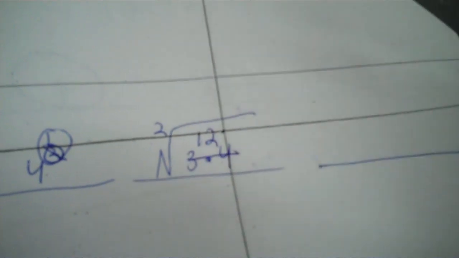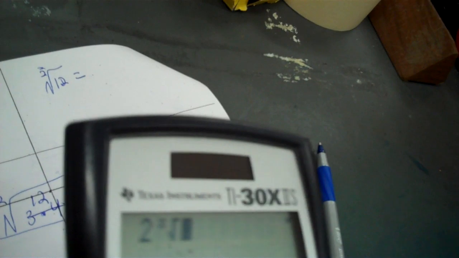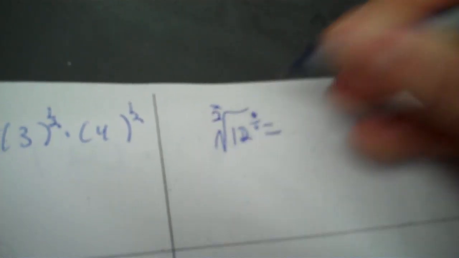So that's 12. Now the square root of 12, I don't think that's going to be a whole number. I mean, you can try it. Okay, that's a decimal. I don't want to see decimals. So what we need to do is start dividing into the 12.